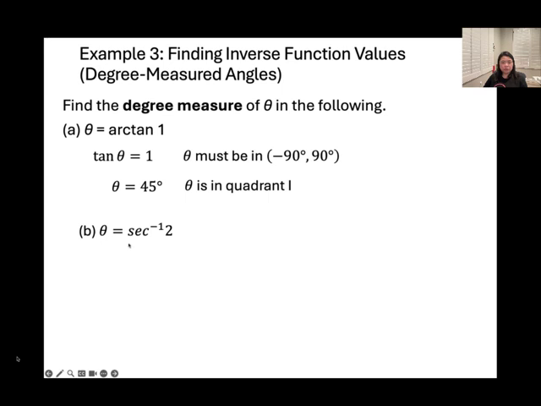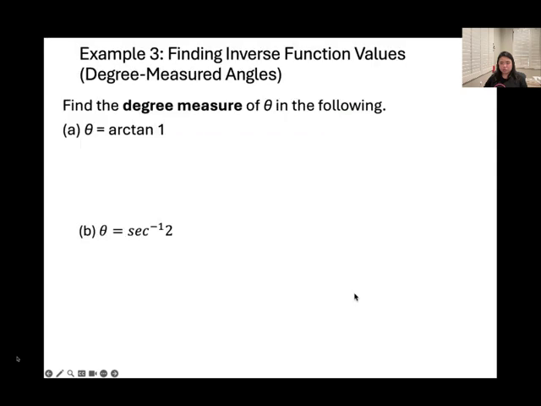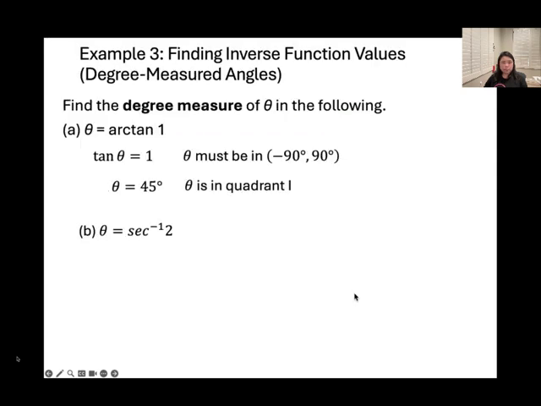Okay, B, theta equal to secant inverse of 2. Okay, look at the secant. Secant of 2, the range will be from 0 to pi over 2 and pi over 2 to pi. So again, we're going to put it in degrees. And then we write this, secant theta equal to 2.